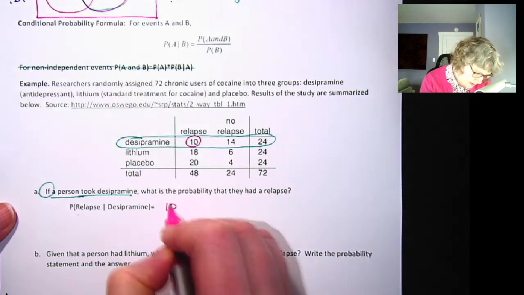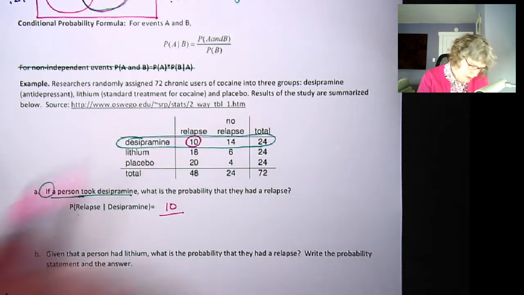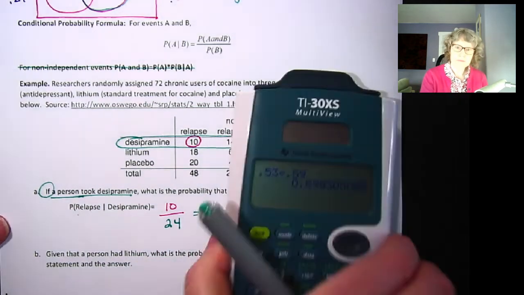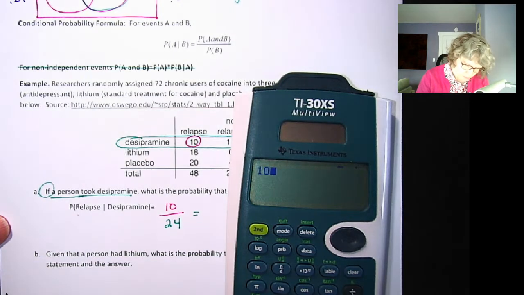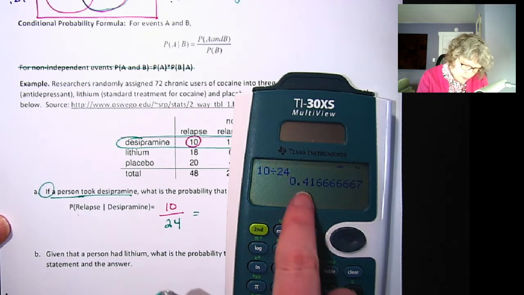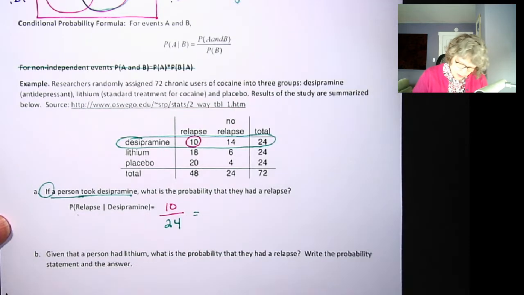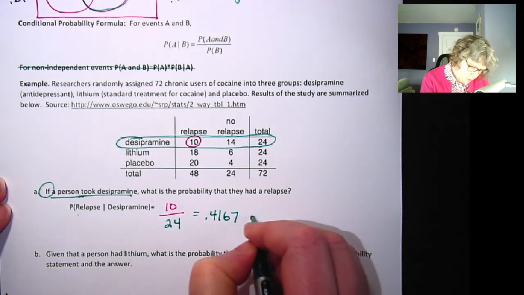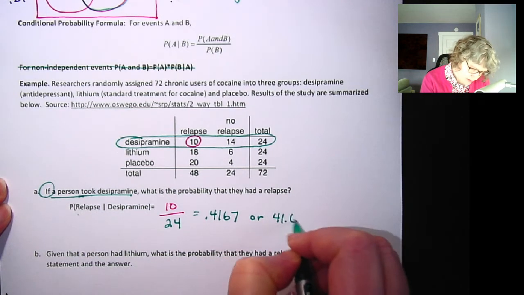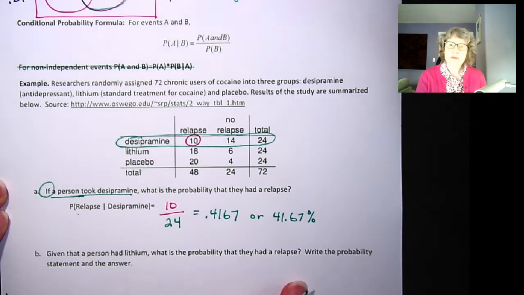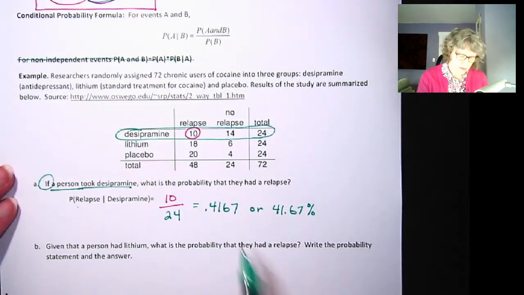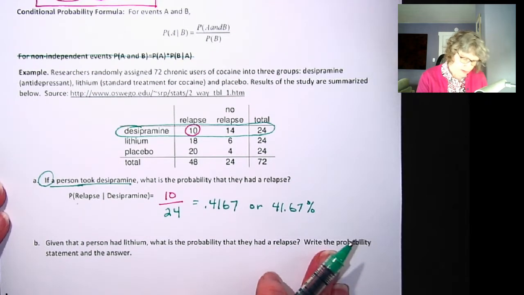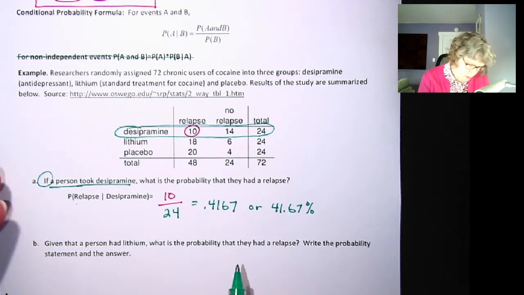So that is going to be 10 out of our total, which is 24. 10 out of 24 is 0.4167. I got to round that one up. Or 41.67%. So in your Open Math, just as you're doing, keep noticing whether they're asking for a decimal or a percent. And if it's something I'm grading, you can do either one.